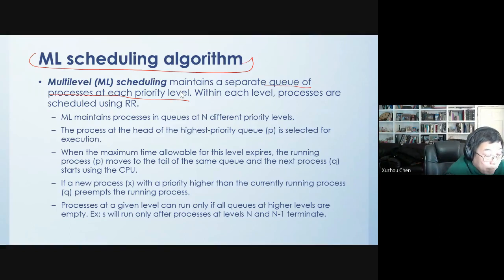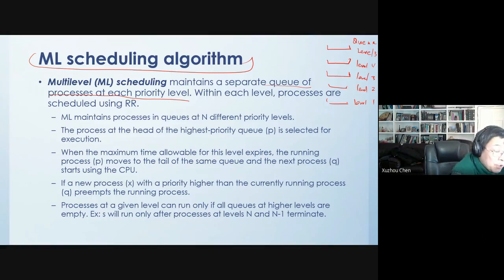So that means I create a couple of queues. That's called a level, let's say level 5, and that's level 4, level 3, and then level 2, level 1.